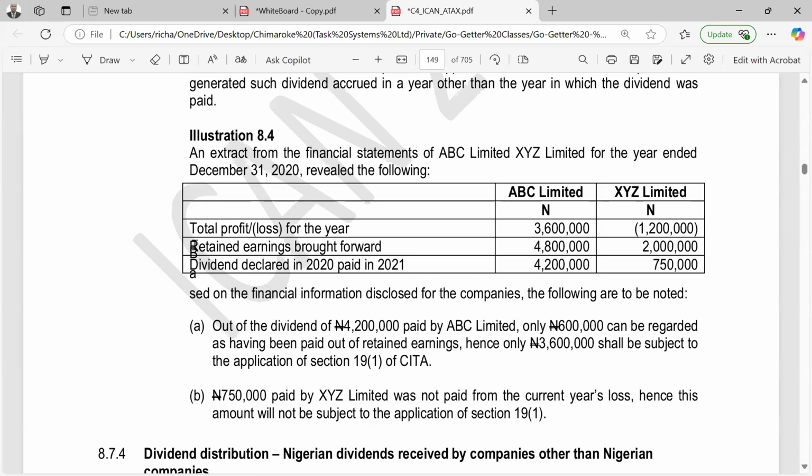Only 600 is paid out of retained earnings. So this 3.6 is not paid out of retained earnings. So that is why it is subjected to this provision. But here, 750,000 is not subjected to that provision. And so you are going to be paying the tax on the 750.